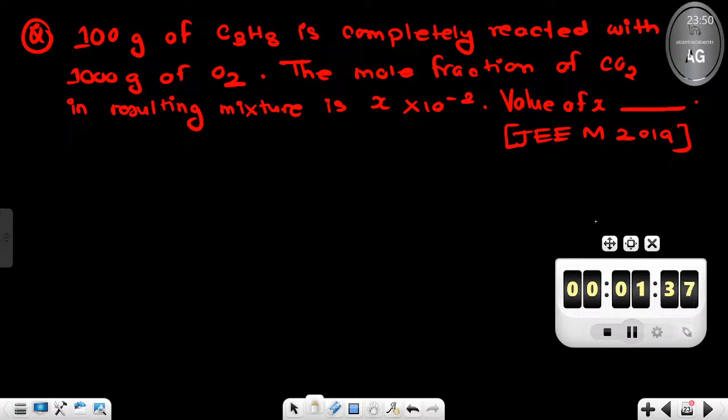Will not get it at all. I myself went mad to find it out. Okay, solve the question. Try it out, because these are not very tough questions. Advanced questions might be tough. These are mains questions.